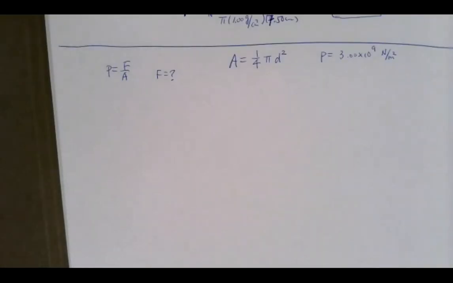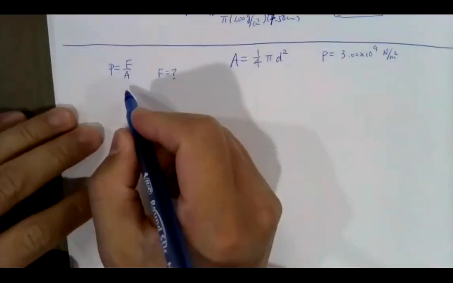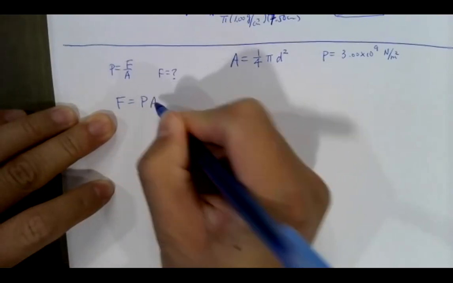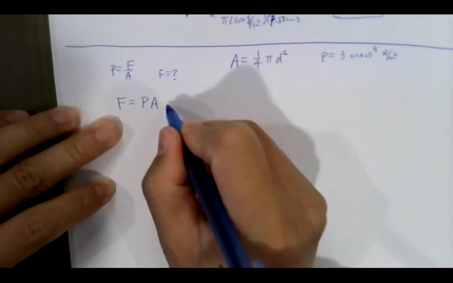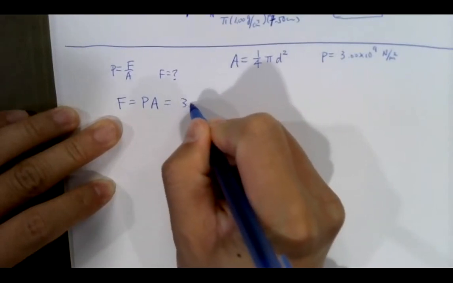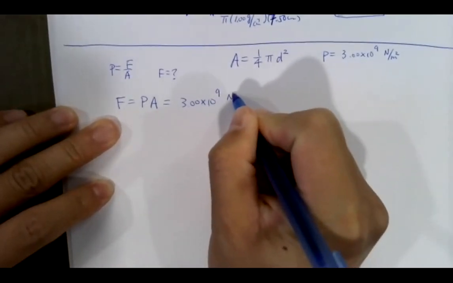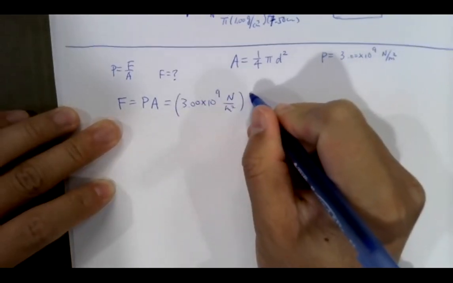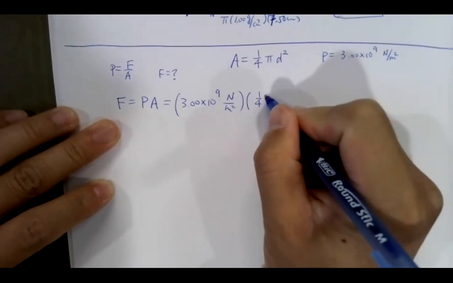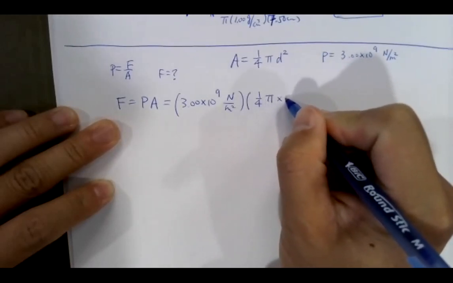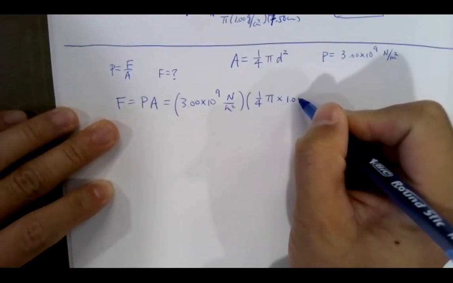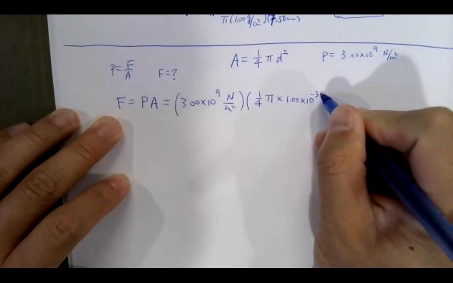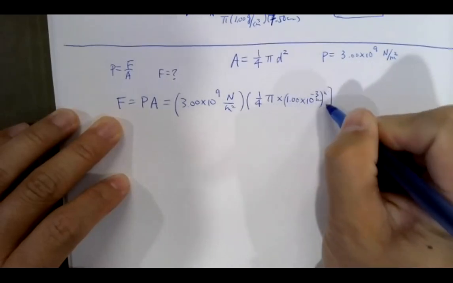All right. So let's see here. You're looking for force here. From the definition, you can figure that force should be equal to pressure times the area, right? So it's 3.00 times 10 to the ninth newtons per meter square, times the area, 1/4 times pi times 1.00 times 10 to the minus 3, and you want to square this term.